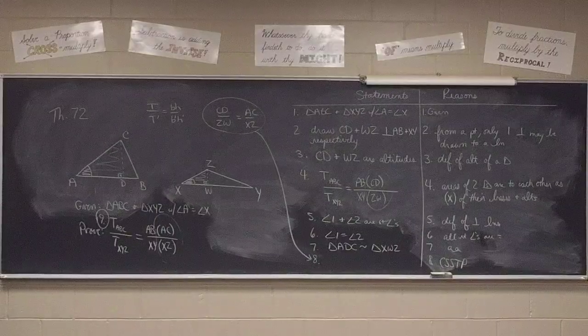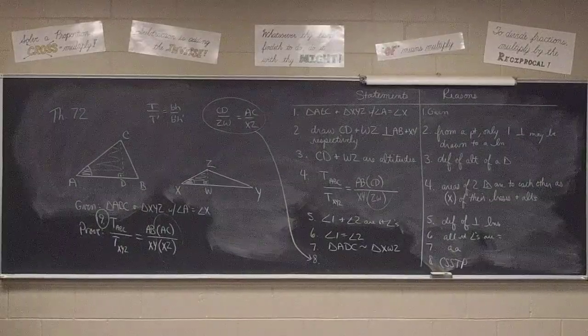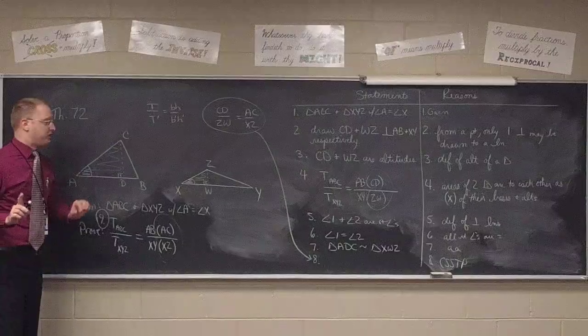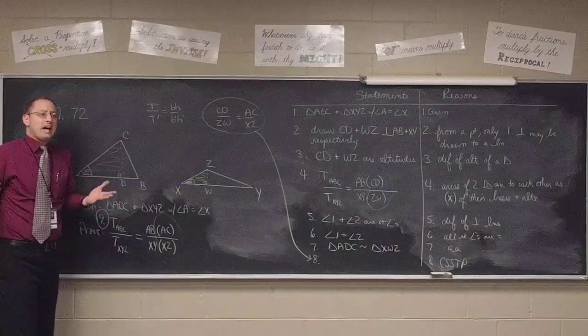Tell you what, we won't take time to prove it, but let's go and get down Theorem 73 in your notebooks now. So back to the Theorems and Corollaries section. And now let's delve a little deeper. These triangles weren't similar, correct? But what if we did have similar triangles?